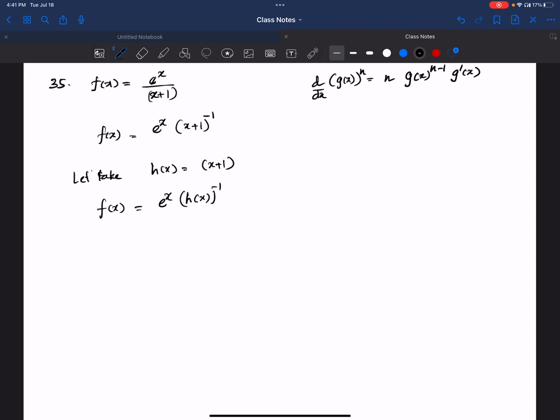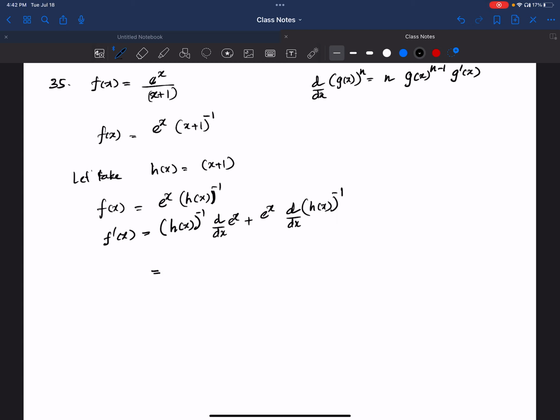Here n is negative 1. So I can write f prime x is equal to h of x to the power negative 1 times d over dx e to the power x plus e to the power x times d over dx h of x to the power negative 1.